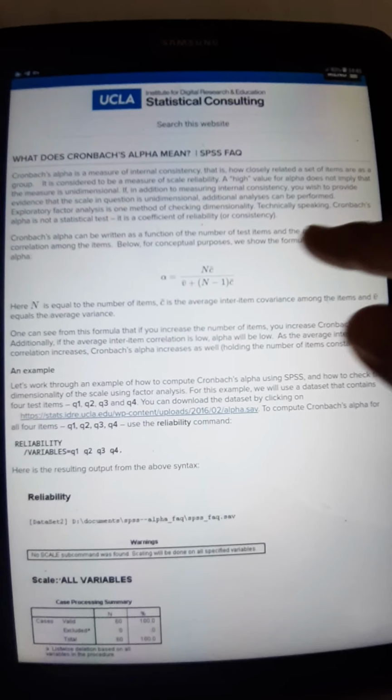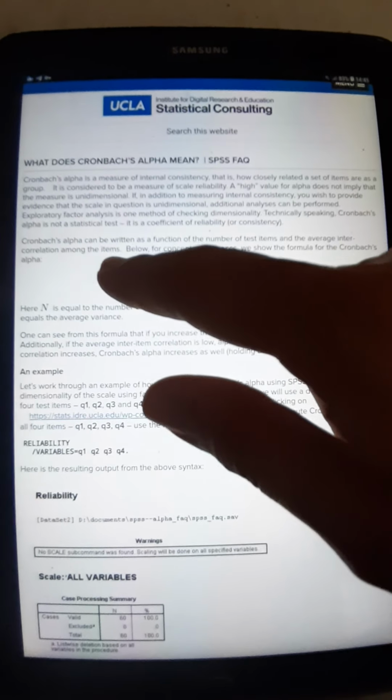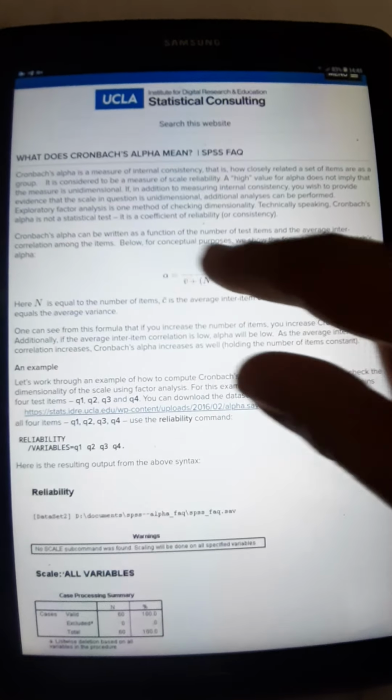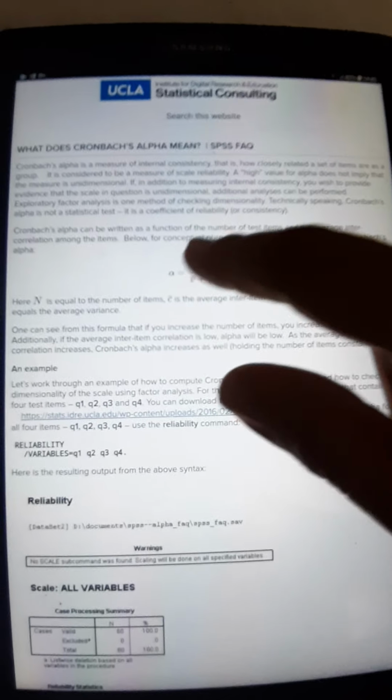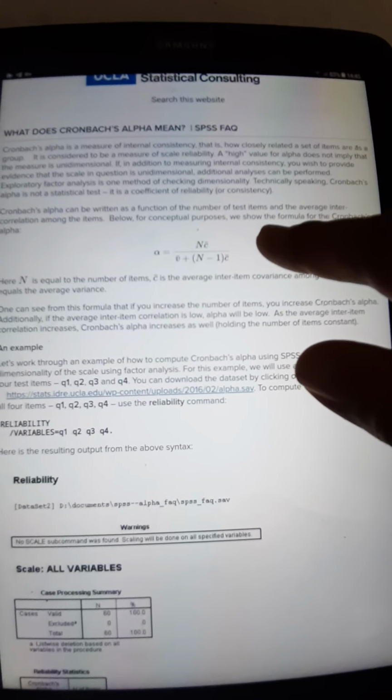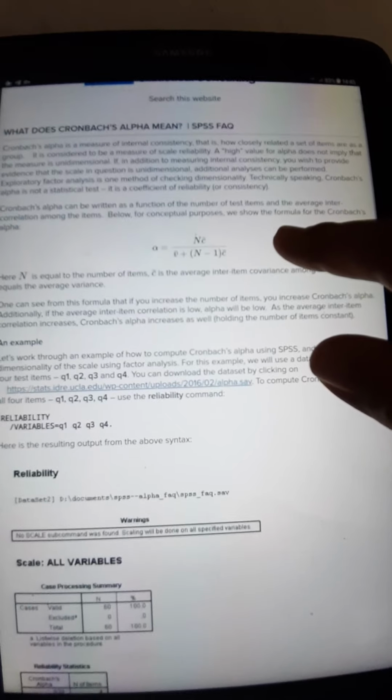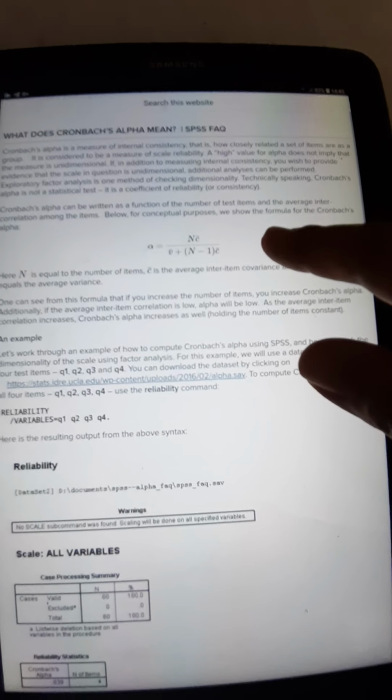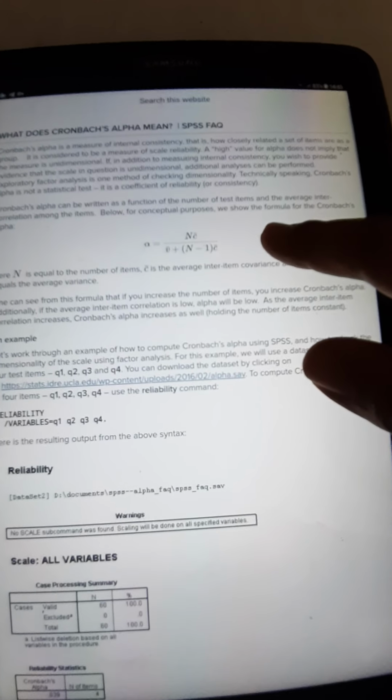dimensionality. Technically speaking, Cronbach's alpha is not a statistical test. It is a coefficient of reliability or consistency. Cronbach's alpha can be written as a function of the number of test items and the average intercorrelation among the items.